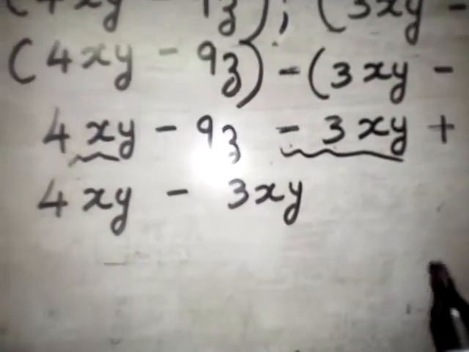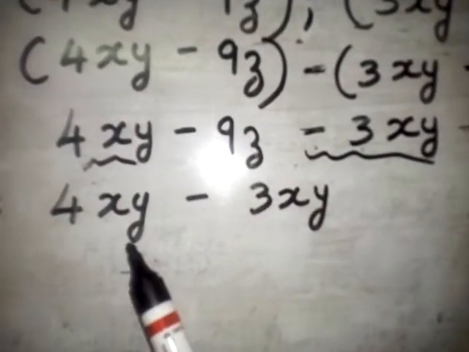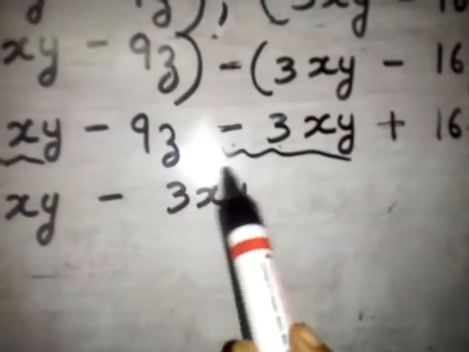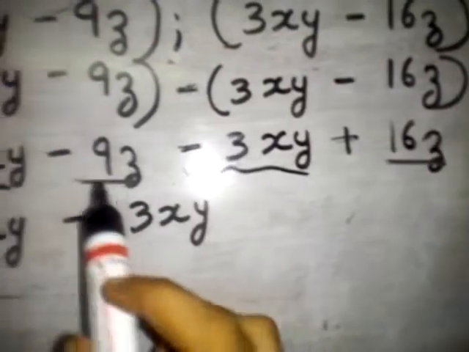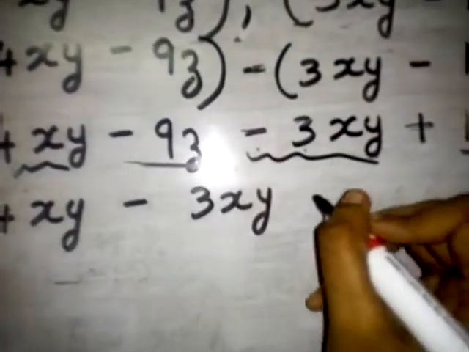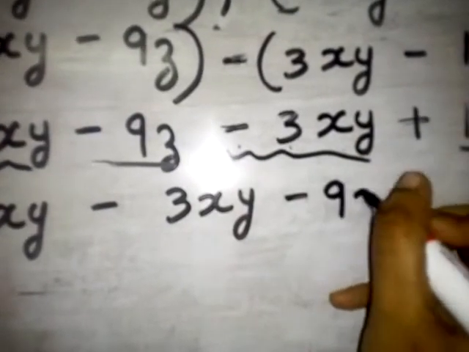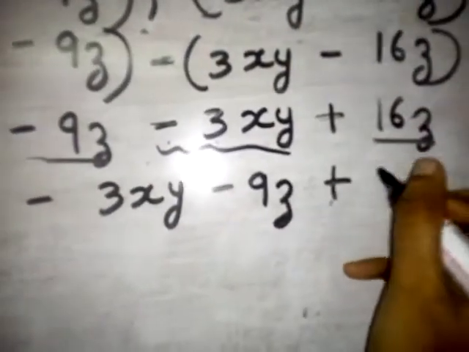After finishing both the xy terms, then see the other variable. Before 9 which sign is there, minus 9z plus 16z.